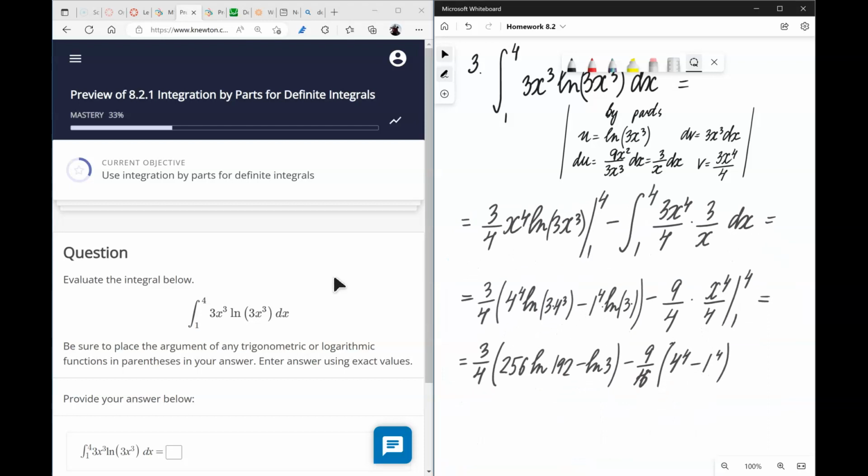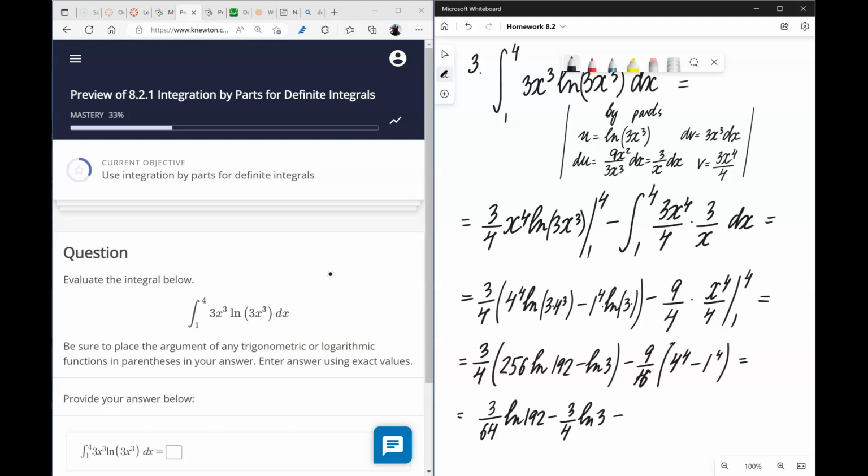And hopefully I don't make a mistake while I'm simplifying it, because that's also a possibility. But here we have 256 divided by 4, that's 64. So we have 3 over 64 ln of 192 minus 3/4 of ln 3.